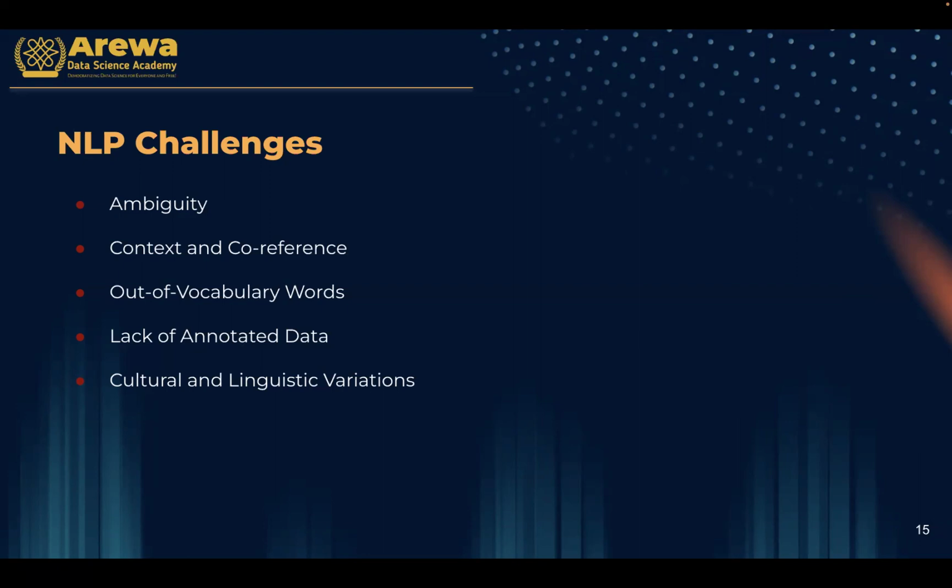There is context and co-reference. So context, in a way, during the early stages of doing translation, sometimes if I start translating from the first word to the second, to the third, to the fourth, and maybe I go to the 10th word, the model will have forgotten what it translated at the first instance.